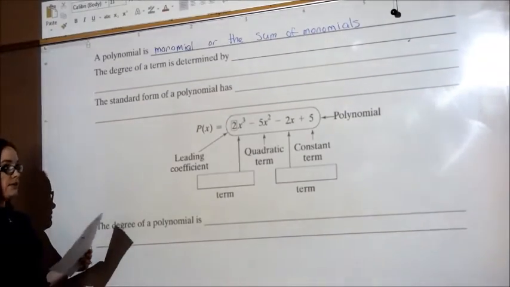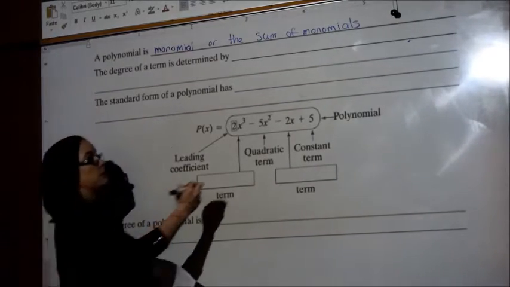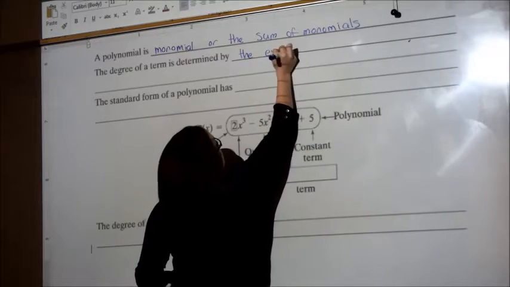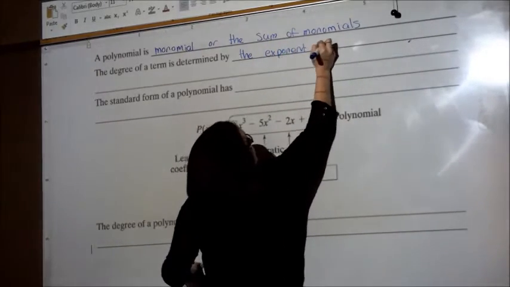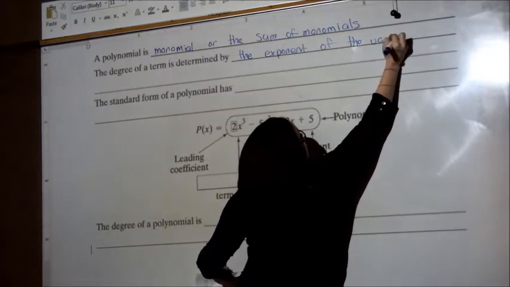So the degree of a term is determined by the exponent of the variable.